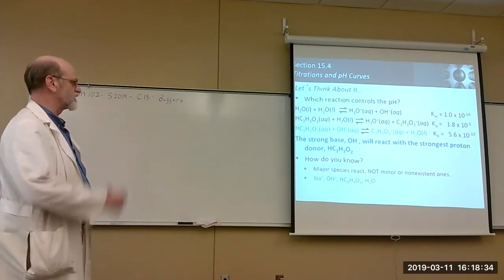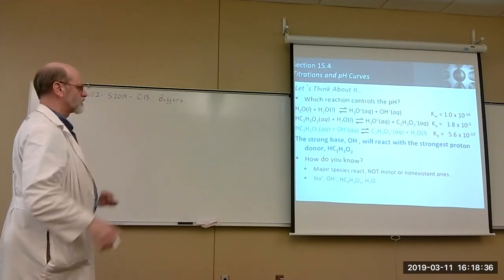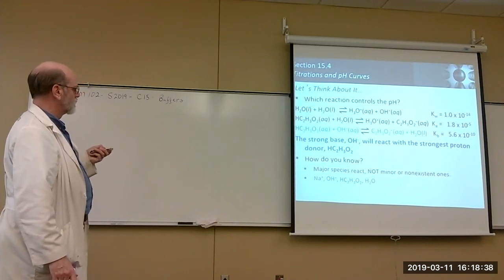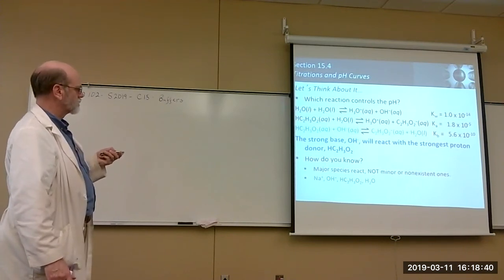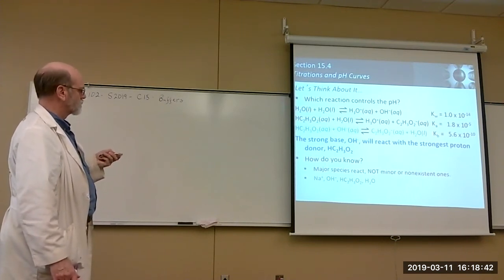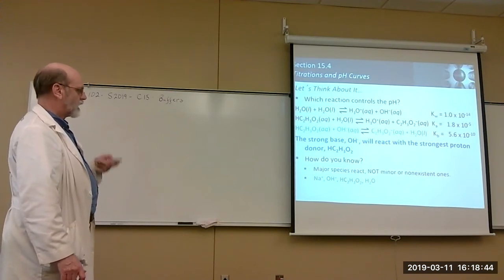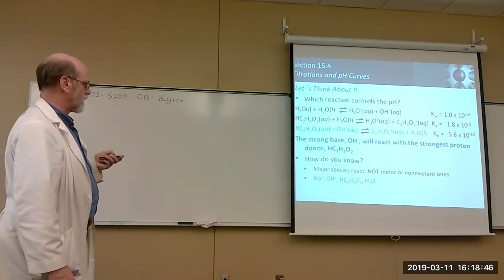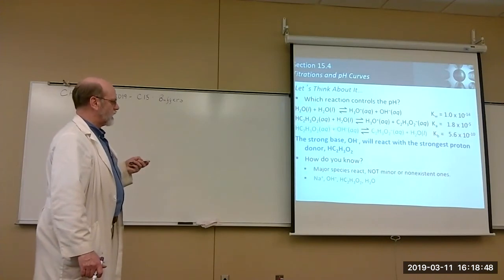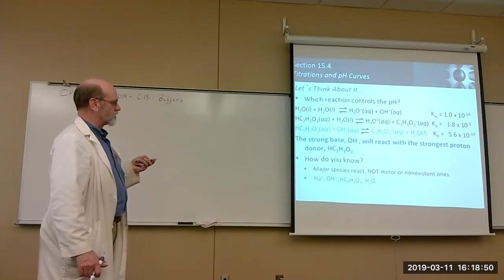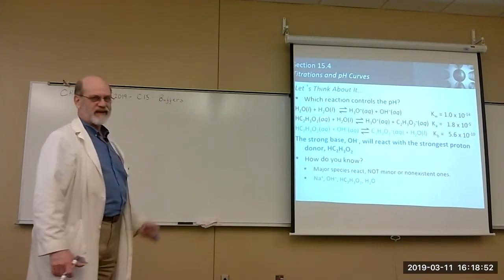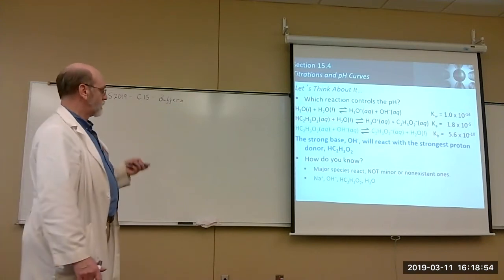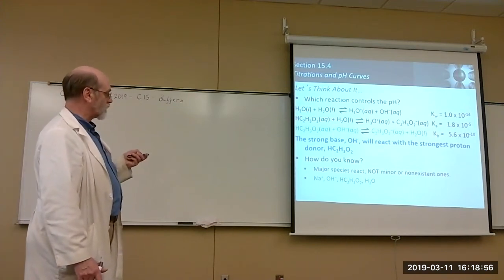Well, now that doesn't make any sense, because it was supposed to be the larger one. This one should control the reaction. I think what's going on here is that you don't have a reaction here because there's no base. You've got to have a reaction that includes the base.